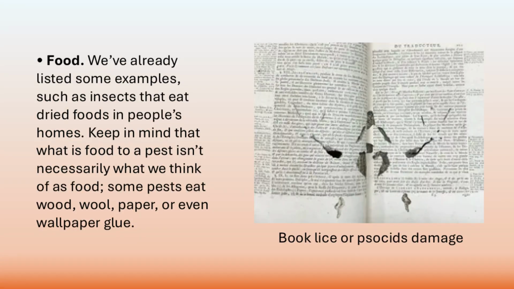We've already listed some examples, such as insects that eat dried foods in people's homes. Keep in mind that what is food to a pest isn't necessarily what we think of as food. Some pests eat wood, wool, paper, or even wallpaper glue. You're seeing here in the image damage from book lice or psocids.